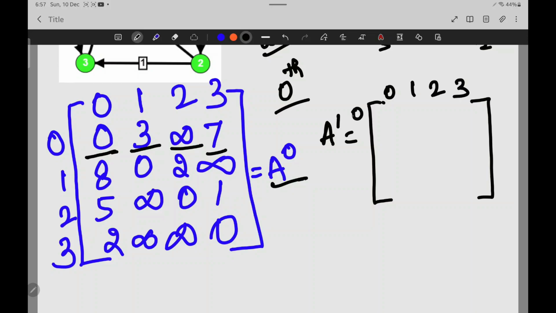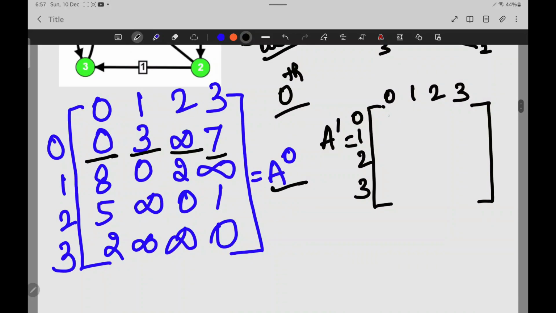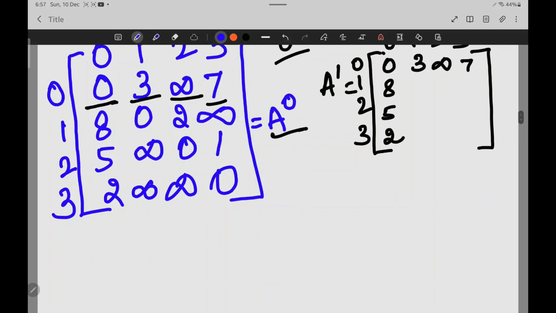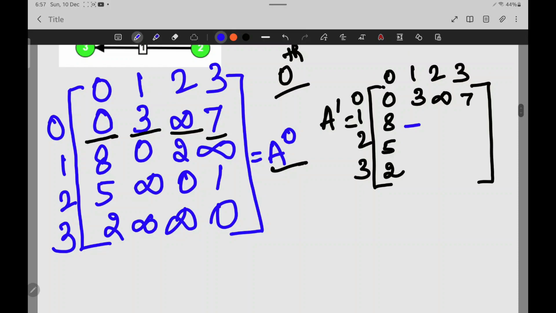The first row and first column will be the same. What is the first row? 0, 3, infinity, 7, and then 8, 5, 2. So this will be the same. And we need to find the value of A of 0, 1.